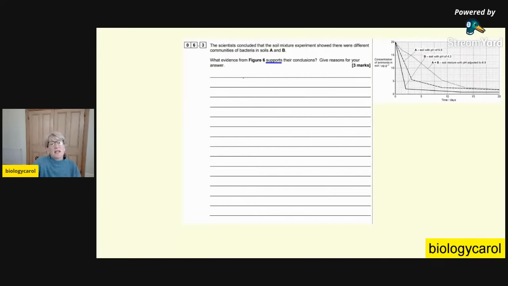And I'm also noticing that it says, what evidence from figure 6? So we are now trying to pick out the evidence from this graph to say that there are different communities, different groups of nitrifying bacteria in the soil from site A and the soil from site B, which had different pHs.